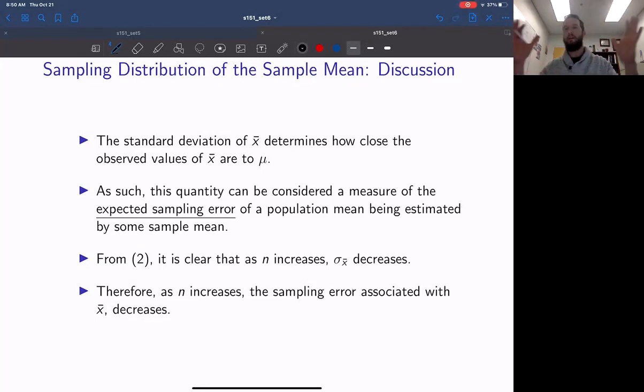It's basically telling us, if it's small, everything is close to the mean. If it's far, all the values are far from the mean. No matter what sample size, the mean of the sample means is the true mean, and the standard deviation of the sample mean is sigma over the square root of n. And those formulas can be used no matter what.